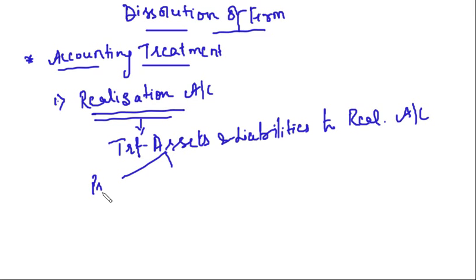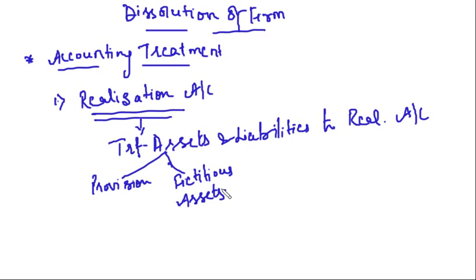The other point: if there are any fictitious assets like accumulated losses, advertisement expenditure, or advertisement suspense account appearing on the asset side of the balance sheet, these will not be transferred to the realization account. These assets will be transferred to the partners' capital accounts.